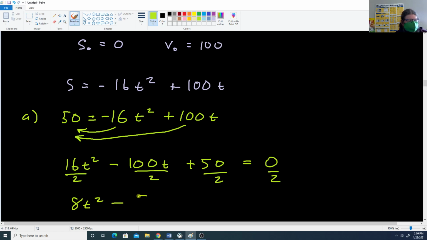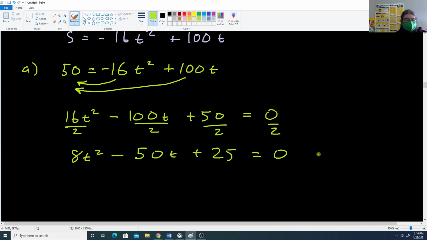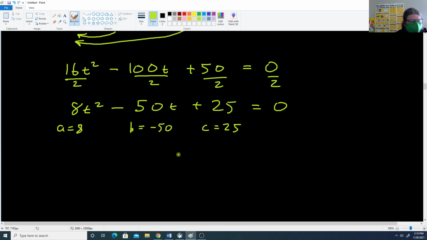Minus 100 divided by 2 is 50, so minus 50t. Plus 50 divided by 2 is 25. That's going to equal 0. I don't see how that factors, so I'm just going to say a is 8, b is negative 50, and c is 25. I'm going to put this into the quadratic formula to solve.